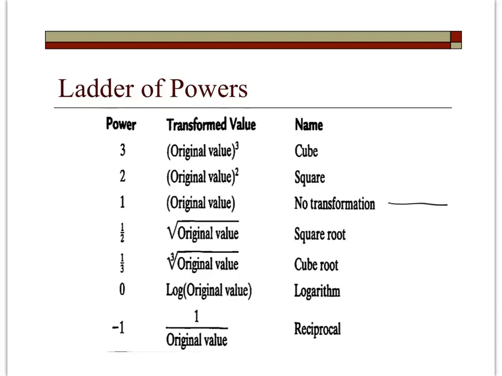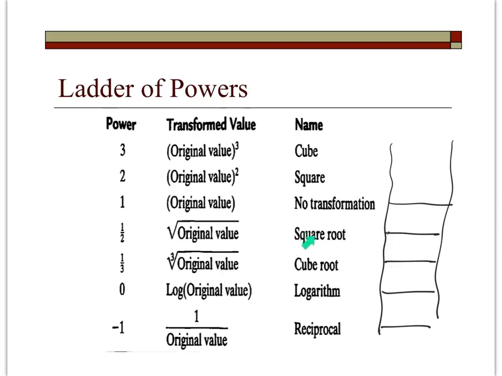You visualize that you're standing at this place where you're not doing any transformation. If you want to make x smaller, you go down the ladder of powers. You would do some sort of transformation down, like square root, cube root, log, or reciprocal of the original value, whether it's y or x.